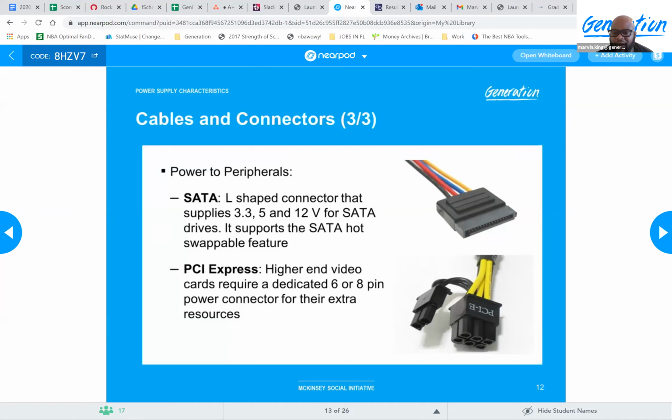As you can see, you have a 6 pin, but if you had a graphics card that had 8 pins and you had the available 2 more there on the actual connector, you can just plug it all up. If you don't have that, you can leave it unplugged and it will work just fine. That's what they're trying to let you know. A lot of the aftermarket power supplies will come with extra connectors to be utilized in that situation if necessary. It's not guaranteed that you'll have to use it, but that doesn't stop us from using it.